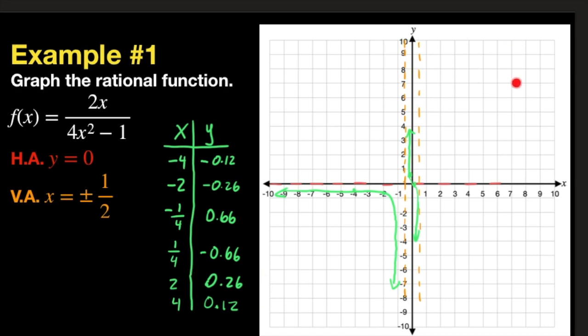So that means that it's going to be on the top part. That means that our graph is going to look something like this. So again, what you're trying to do is graph the asymptotes, and then you're going to find numbers in between the domain to find the y values and sketch the graph.